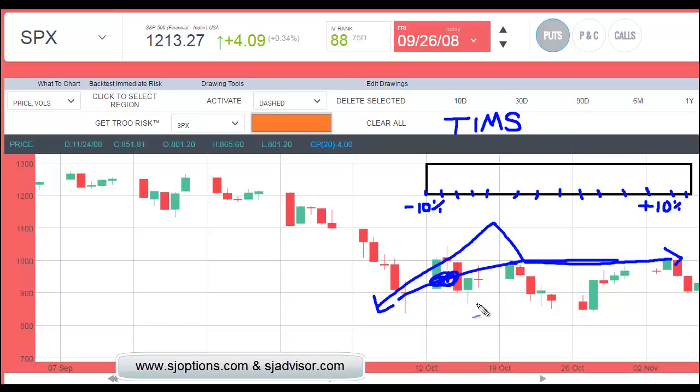The other thing we want to understand is that as the market moves, your margin changes with that 10% mark. If your 10% starts here and the market moves down, now your new 10% is over here. If your day step line moves down like this, your margin is going to increase because the risk increases within the 10% array.